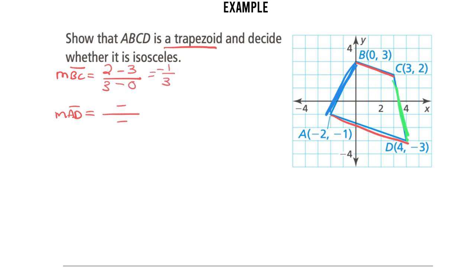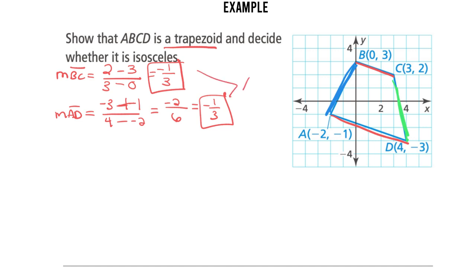And then doing the same thing for AD, we've got negative 3 minus negative 1 over 4 minus negative 2. So negative 3 minus a negative 1 would really become negative 3 plus 1. So we've got negative 2 over 6. And then always reducing, we end up with negative 1/3. So we've shown that these two are going to be parallel.